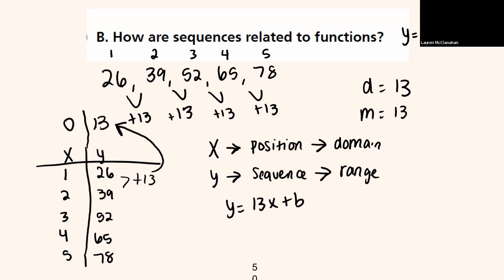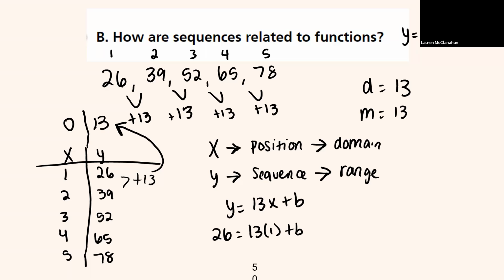If that's too confusing for you to work backwards, I understand, okay? And with some tables and numbers, it can be a little bit more difficult, all right? So if that's too hard, remember, pull one of your ordered pairs off of your table. So I'm just going to take my ordered pair 1, 26. So I plug 26 in for Y, 13 times 1 plus B. We did this last topic quite a few times, okay?